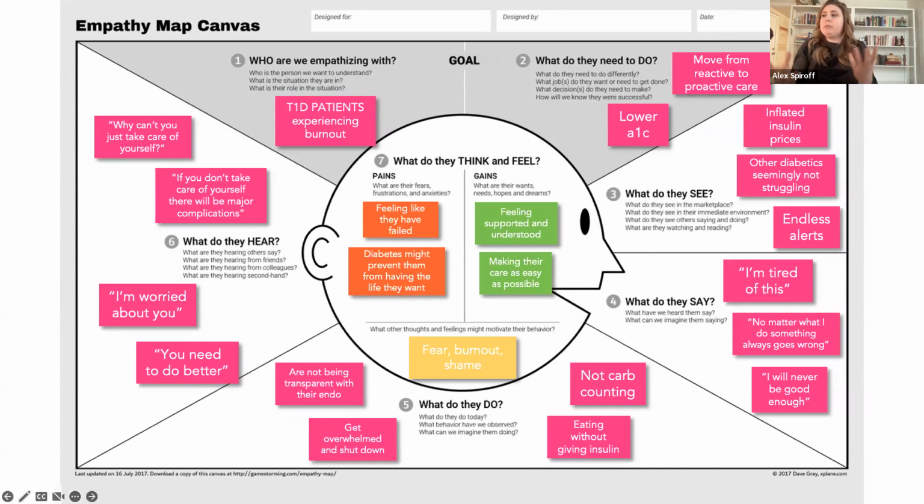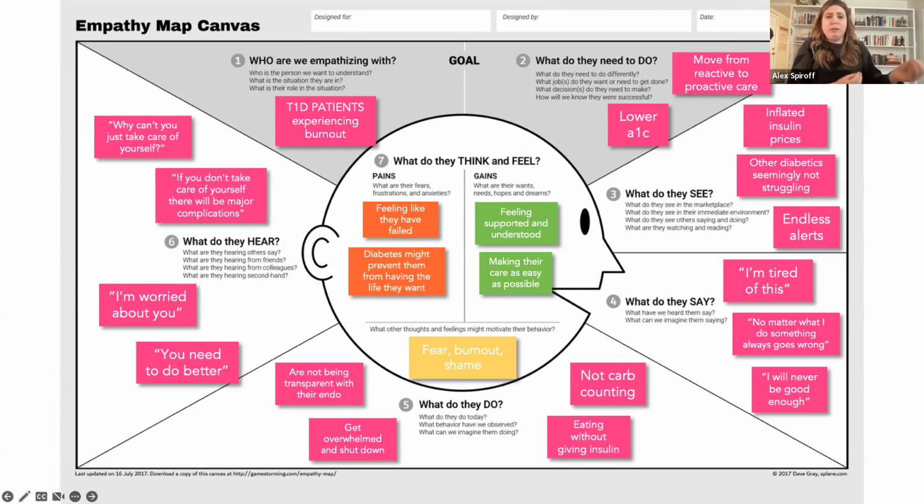So maybe their job to be done is that they need to lower their A1C. They're seeing endless alerts. Other diabetics aren't really struggling. They're feeling very frustrated. They're expressing that they're frustrated. They're not doing some of these behaviors that we'd like them to be doing. And then they're hearing from other people that they're worried about them, or they're feeling judgment.